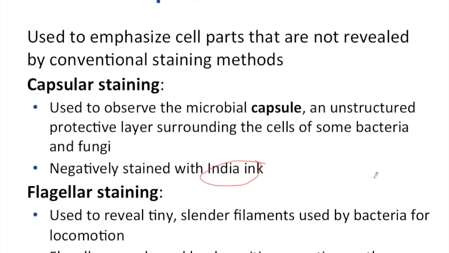However, since this microorganism has a very thick capsule, we don't have to stain the microorganism. We just stain the background and let the light beam go through the samples, so we can visualize the capsule. The second is flagella staining.